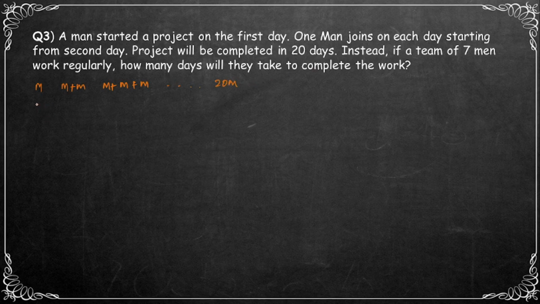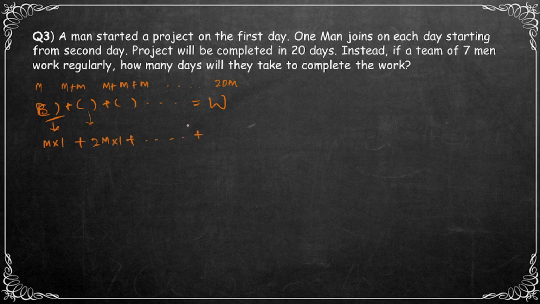So again, this can be written as sum of parts of work. So this part of work, like that, is equal to the total work. So the first part of the work is productivity, which is 1 man into 1 day, plus this is 2 men into 1 day.